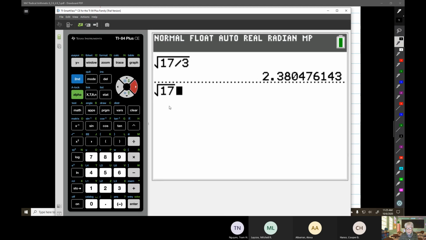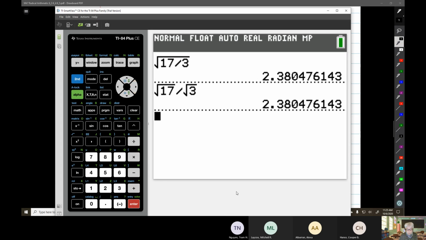Hit the right arrow key to come to the outside of the radical, divided by the square root of 3, come to the right side of the radical if you've got this kind of calculator. If not, you close the parentheses. And then you hit enter. Same exact number, look at that.